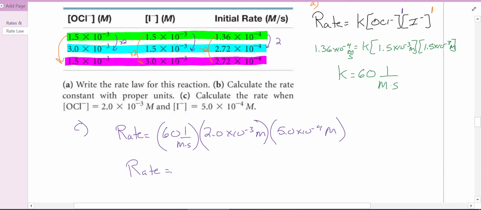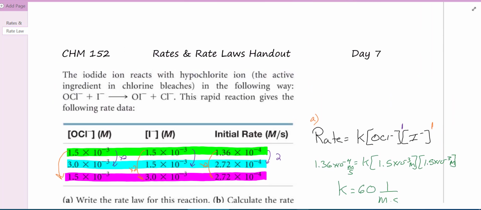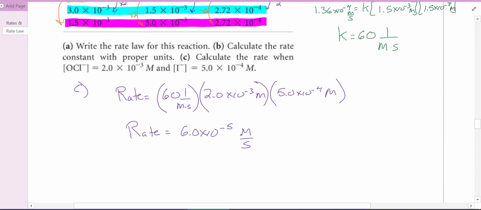So that rate would be 60 times 2 times 10 to the negative third times 5 times 10 to the negative 4. 6 times 10 to the negative fifth is what I get. So 6.0 times 10 to the negative fifth molarity per second.